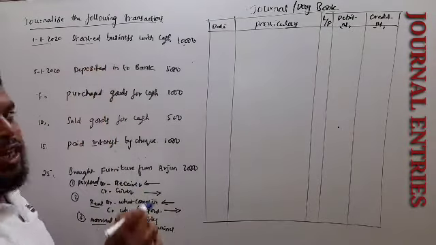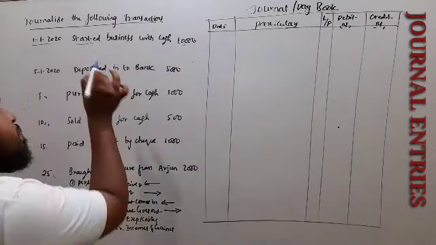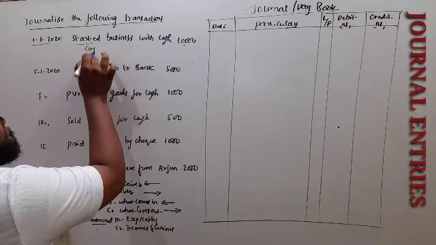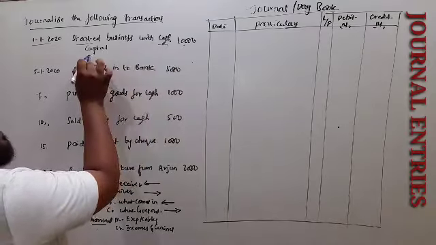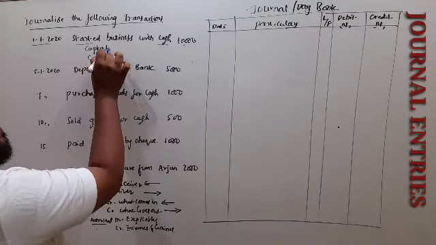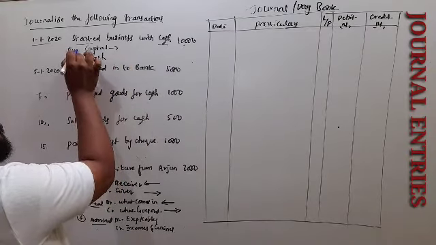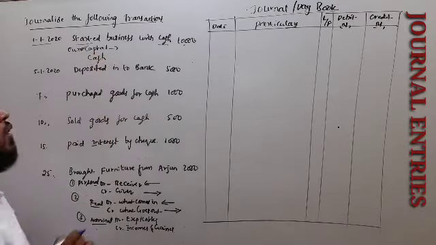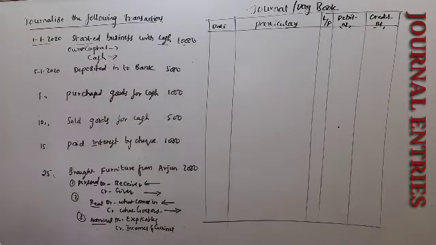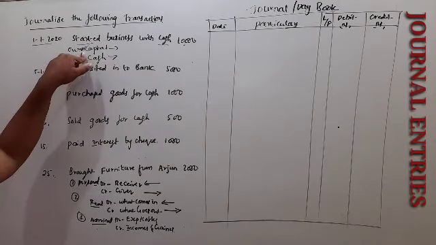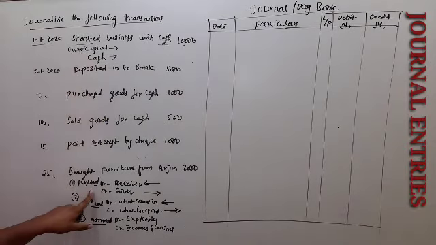Started business with cash: the owner starting is capital, so capital and cash. Capital here is the owner, and cash. The owner comes under a personal account.